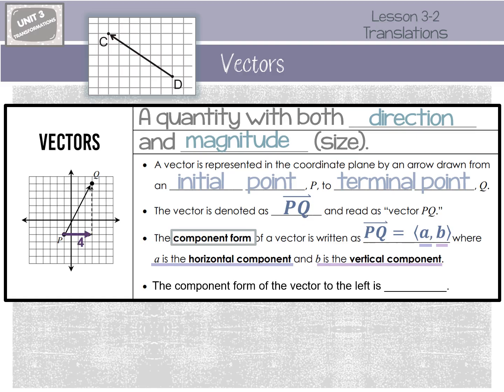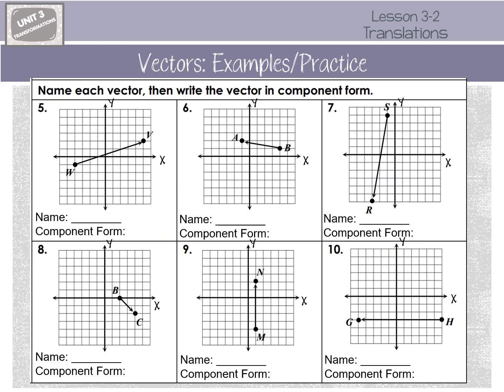There's our horizontal component on that one. We're going right 4. Vertical component is up 7. So we can write that as vector <4, 7>. Not parentheses, it is not a point. That is how you write a vector. Right 4 and up 7 is what that shows.